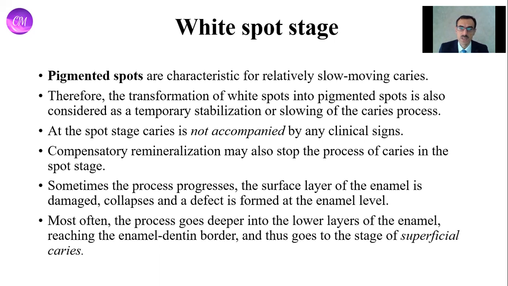Sometimes the process progresses, the surface layer of the enamel is damaged, collapses, and a defect is formed at the enamel level. Most often, the process goes deeper into the lower layers of the enamel, reaching the enamel-dentin border, and thus goes to the stage of superficial caries.